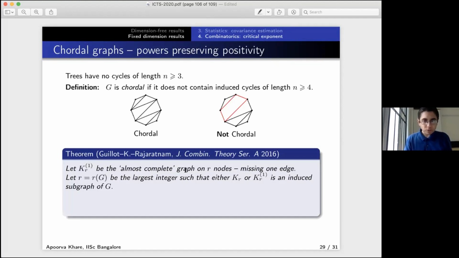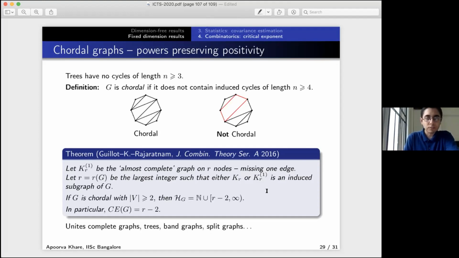Let K be the almost complete graph on R nodes. So, sorry, K_R^1. So there's a 1 subscript, meaning I just take out 1 edge. Everything else, every other edge is drawn. Let this be the almost complete graph on R nodes. So now, given a graph G, let R of G be the largest integer such that either the complete graph is contained in G or the complete graph missing 1 edge is contained in G. Then, whenever G is chordal, you have exactly the same FitzGerald and Horn kind of theorem.